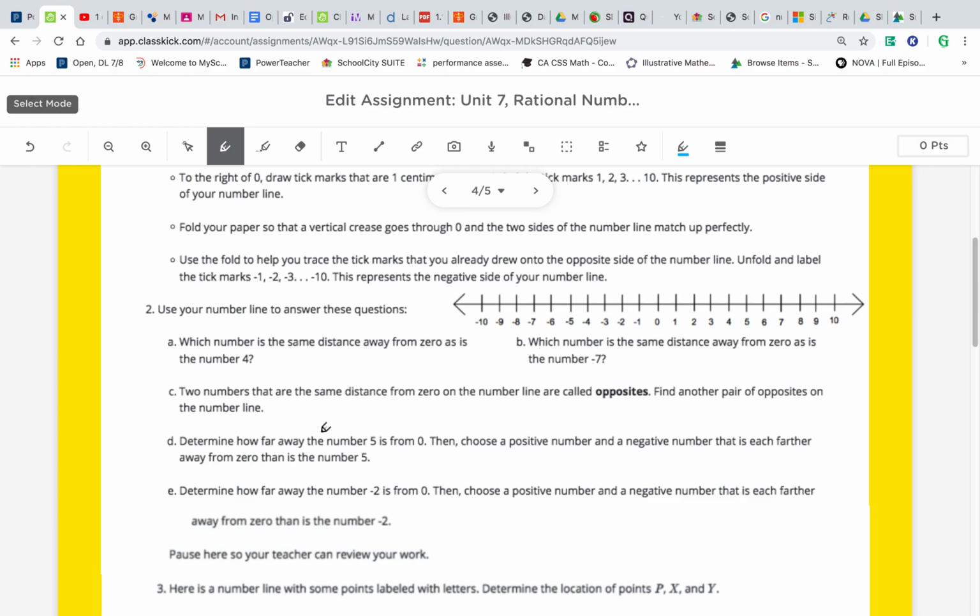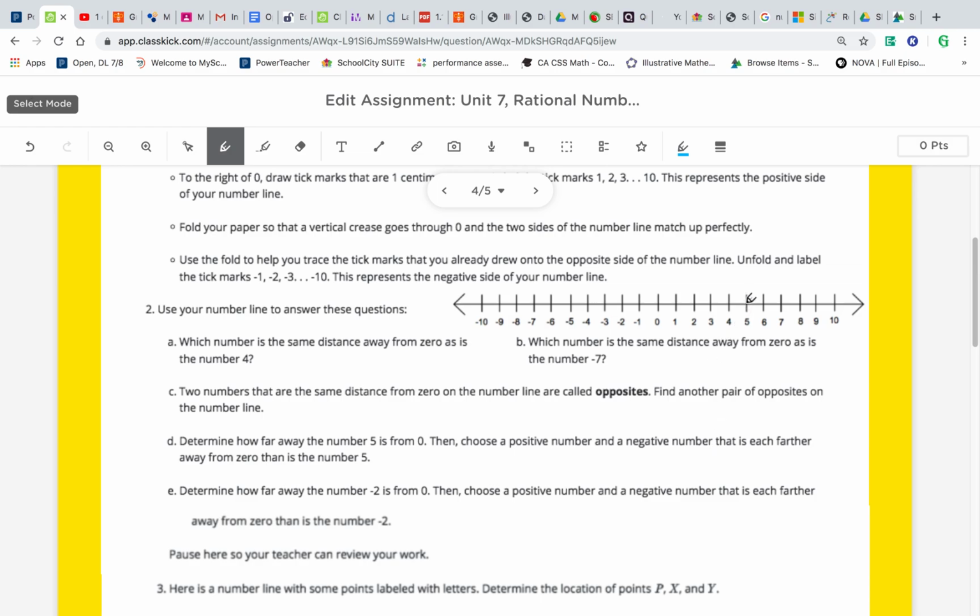All right, for letter D, determine how far away the number 5 is from 0. Well, let's find 5. Here's 5. 1, 2, 3, 4, 5. 5 is 5 marks away from 0. And now it says, then choose a positive number and a negative number that is each farther away from 0 than is the number 5.